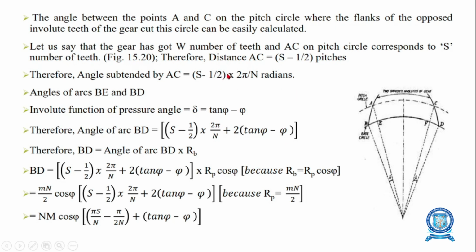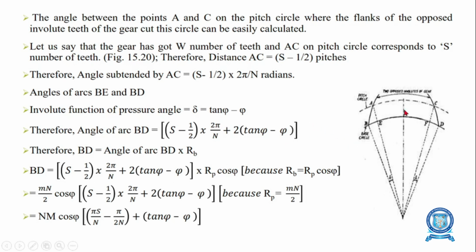Therefore, distance AC is equal to (S minus 1/2) pitches. Angle subtended by AC is equal to (S minus 1/2) into 2 pi by n radians. Therefore, angles of arcs BE and BD, involute function of pressure angle phi is equal to tan phi minus phi.